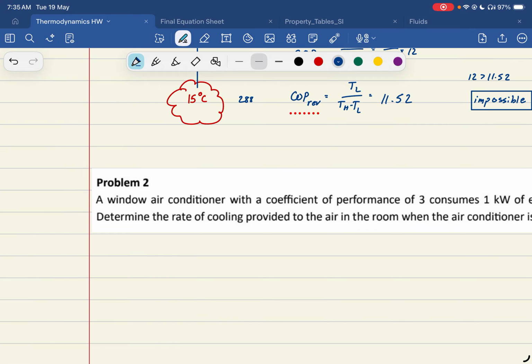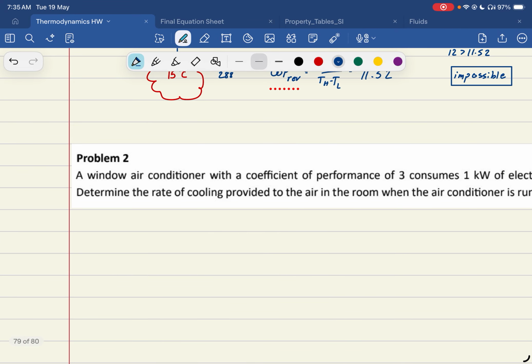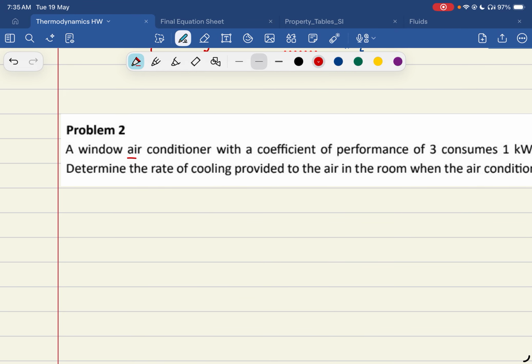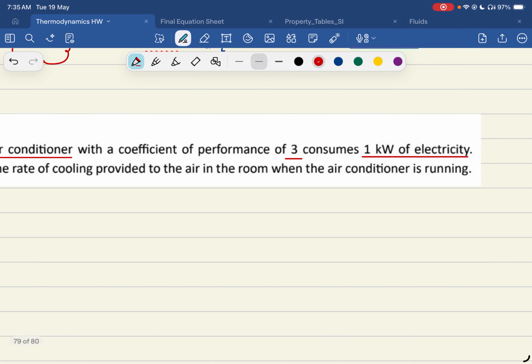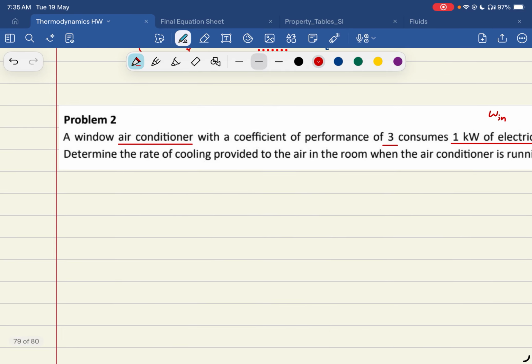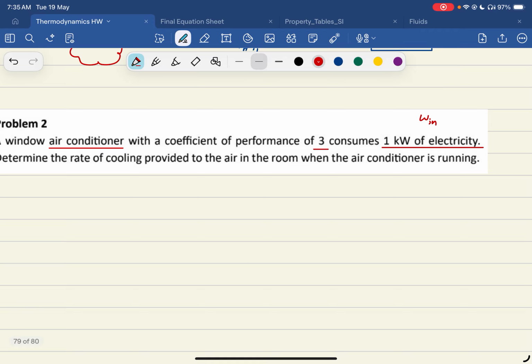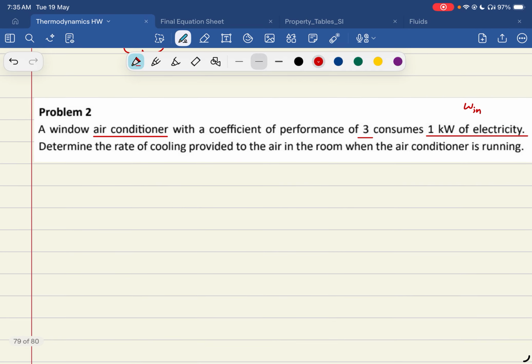Now for question 2, we have an air conditioner with a coefficient of performance of 3 that consumes 1 kilowatt of electricity. So this is our work in. Determine the rate of cooling provided to the air in the room. Cooling just means Q low, or QL.